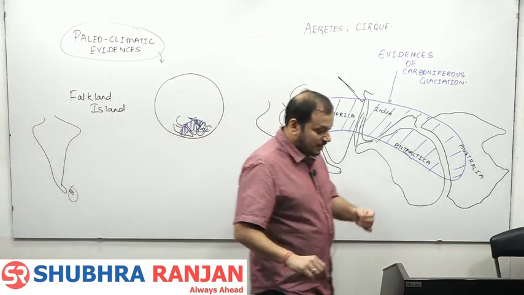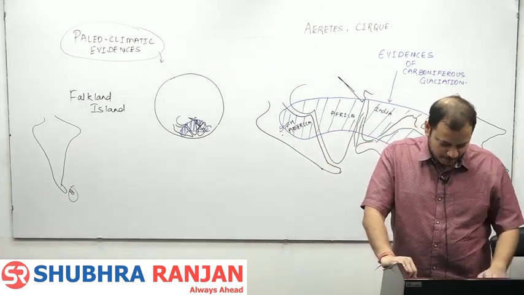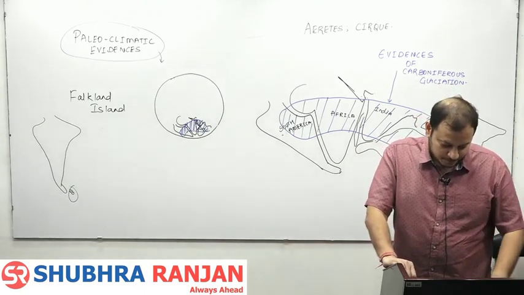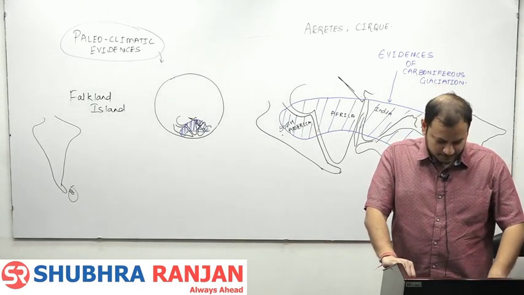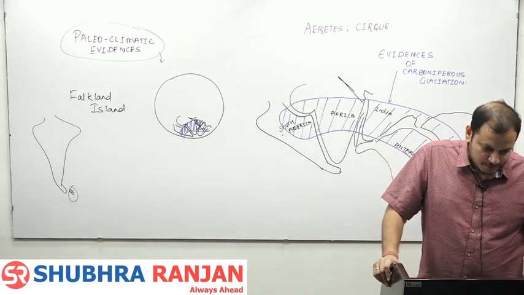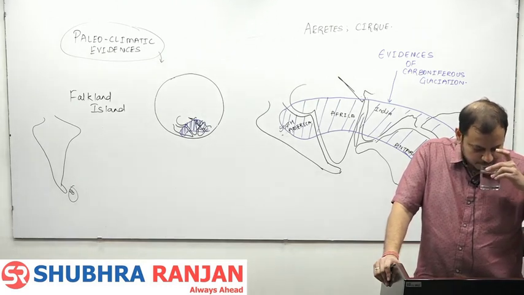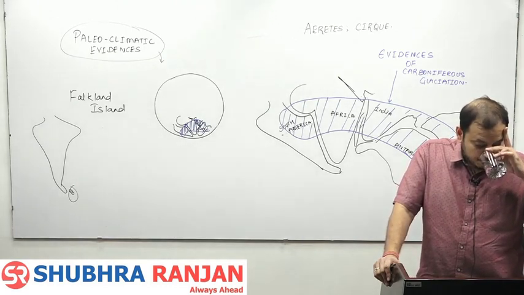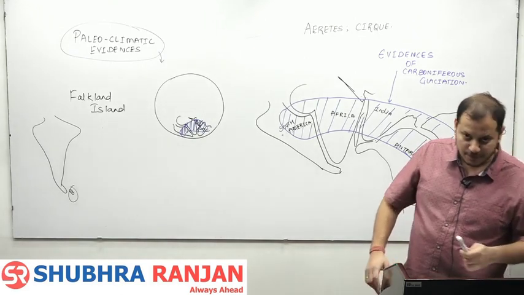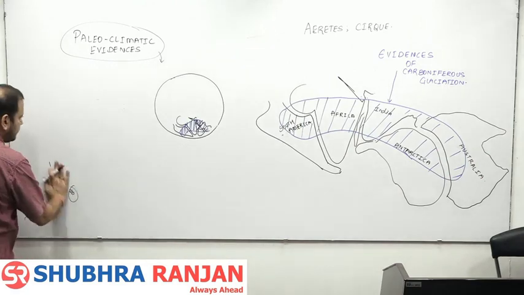Next point. Similarly, the present distribution of the coal shows that most of the coal fields of the world are located in Eurasia.